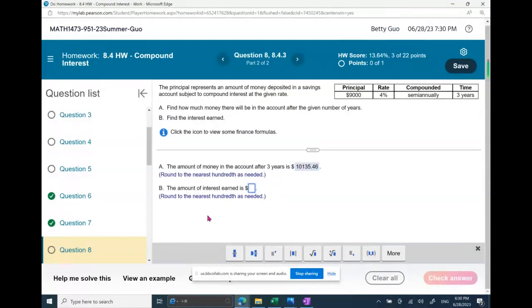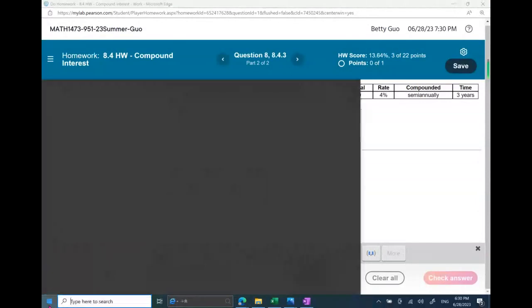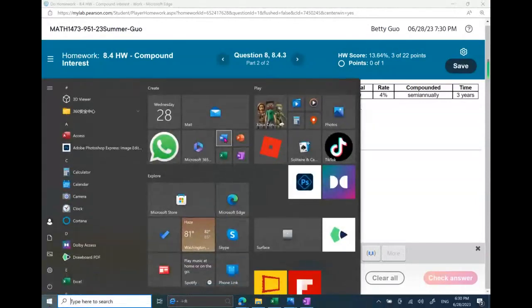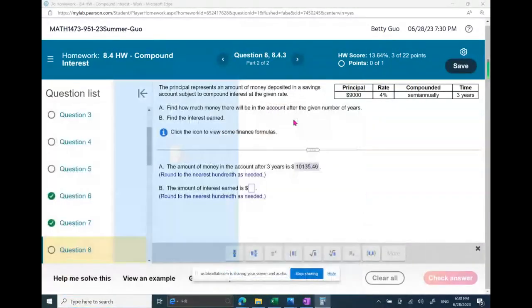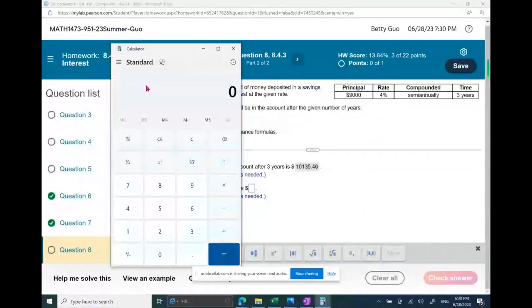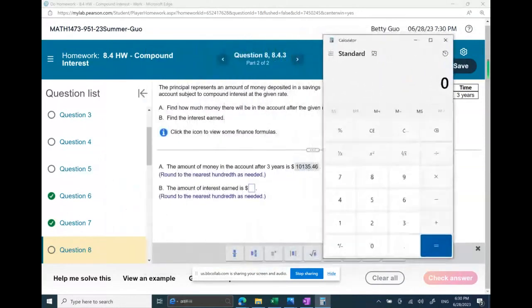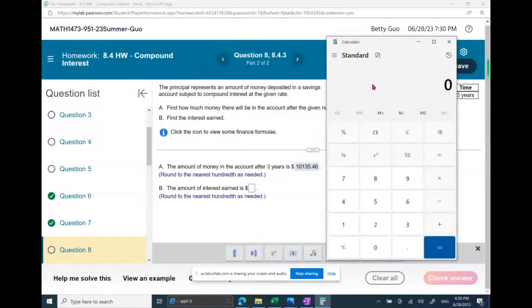Part B, what's the amount of interest earned? How do I understand that? In the beginning, you invest $9,000, right? And in 3 years, you have more than 10 grand. Isn't the difference between the original principal and the final amount the interest?